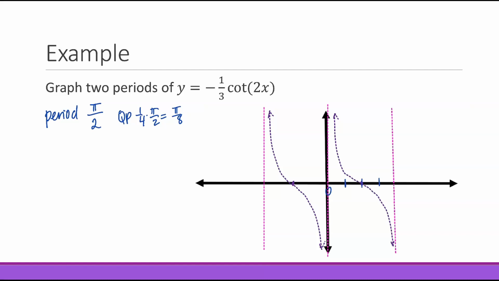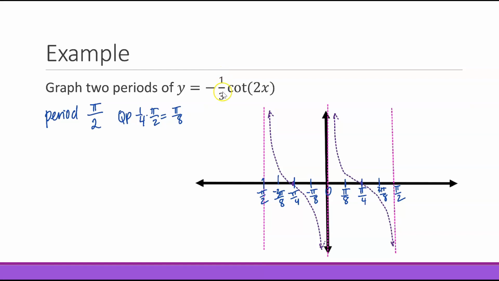We have to label 4 equal parts, right, with 5 tick marks. So we have pi over 8, 2 pi over 8 is pi over 4, 3 pi over 8, 4 pi over 8 is pi over 2. And then in this direction, those would all just be negative: negative pi over 4, negative 3 pi over 8, negative pi over 2. So my x-axis is labeled.